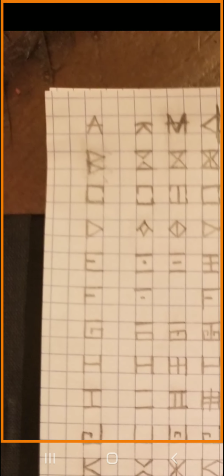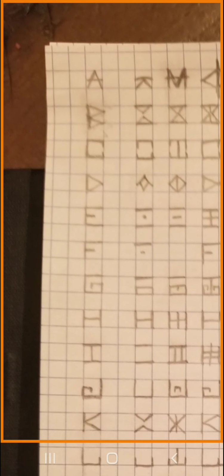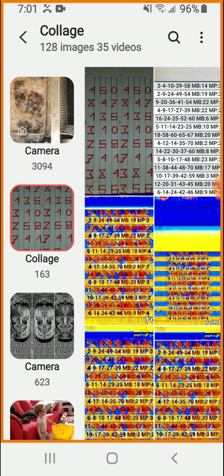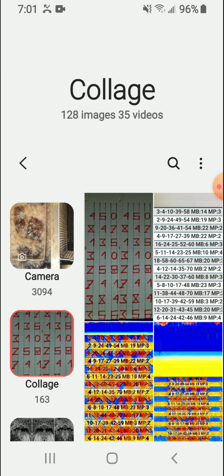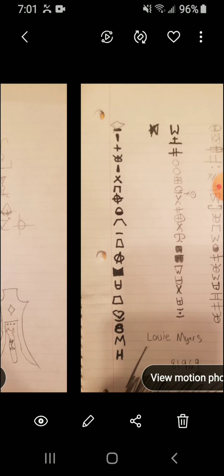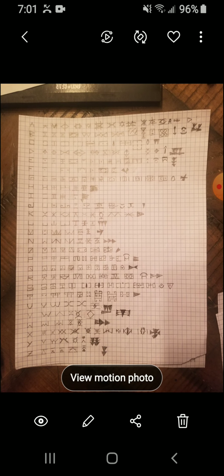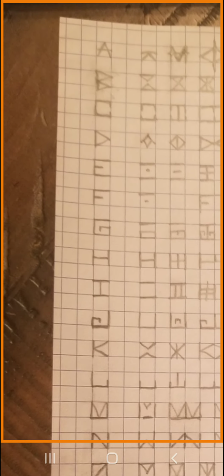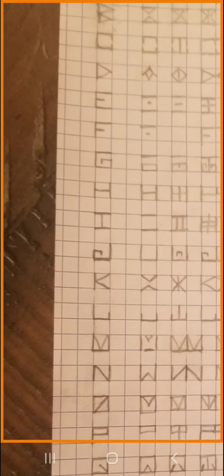Now, do you see how I write? There's the B. The C comes down a little bit on the ends. The D's like a sideways triangle.